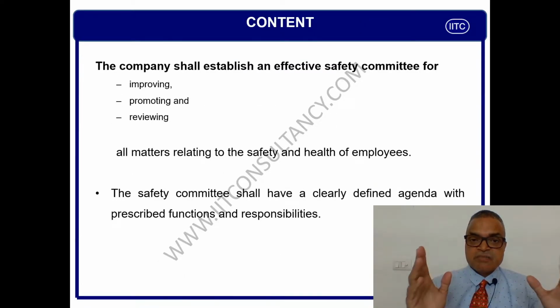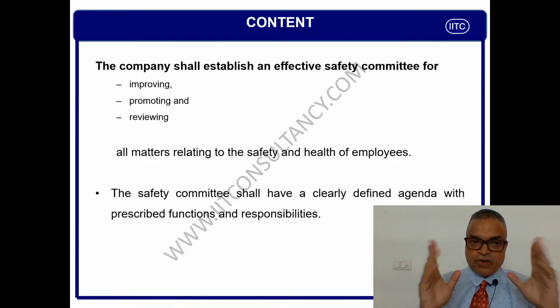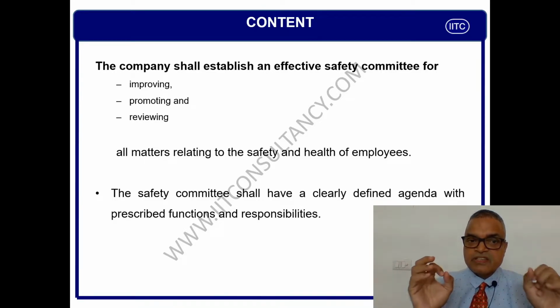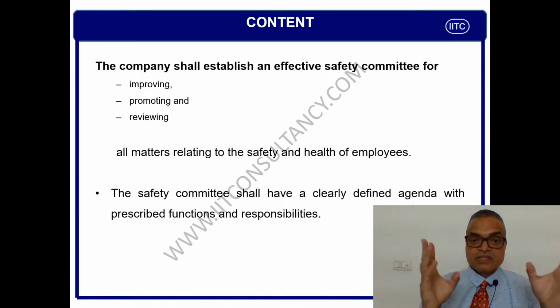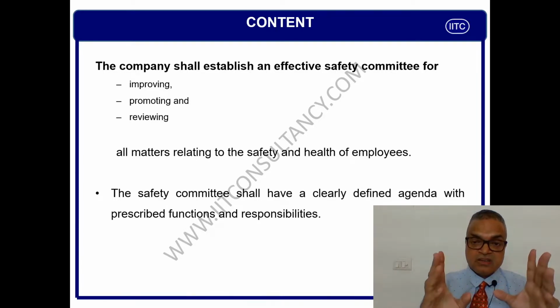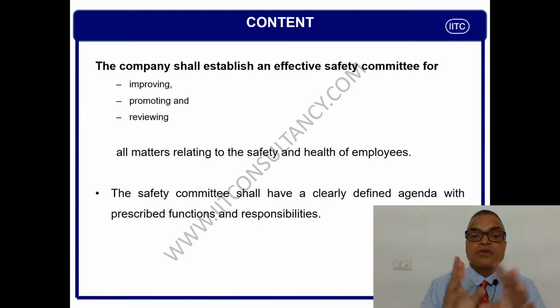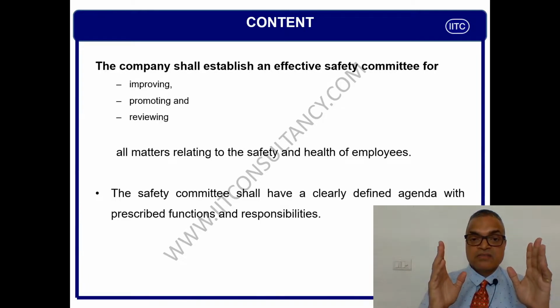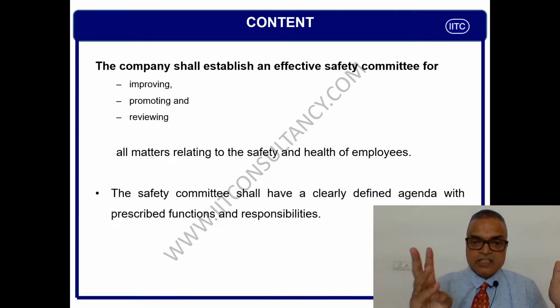The company shall establish an effective safety committee, for what? An effective safety committee should be for improving, promoting and reviewing safety and health related issues and concerns of employees. And we have discussed the benefits of good safety and health of employees. There are many benefits. People will be happy, people will be motivated, there will be 100% legal compliance, good reputation, no production loss, no damage, no accident, and many more.